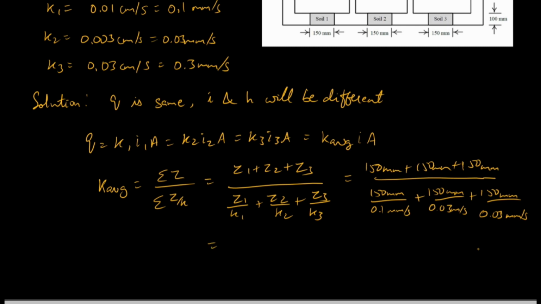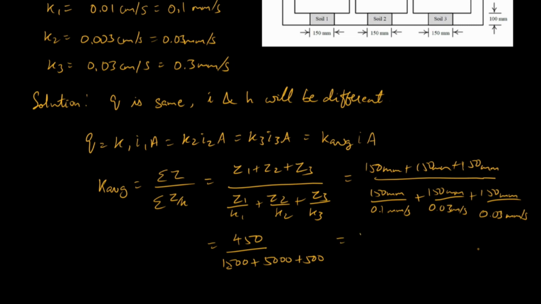So neglecting the unit values, we'll be getting this as 450 divided by 1500 plus 5000 plus 500, which will be equal to 450 divided by 7000 mm per second.